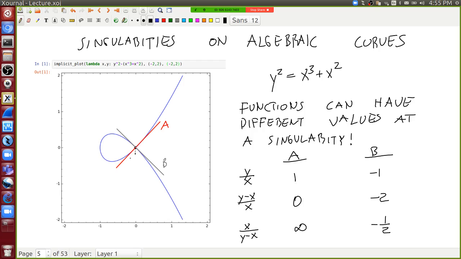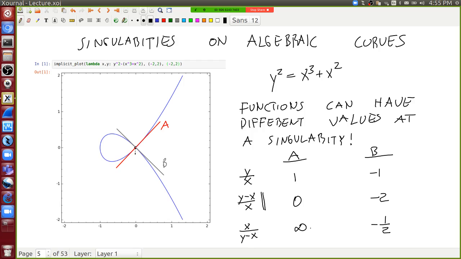So along the a branch of the curve, its value is 1. That's the limiting value of y over x there. On the b branch, it's negative 1. If I subtract 1 from it and get y minus x over x, then the values are 0 and negative 2. I can take the multiplicative inverse, x over y minus x.